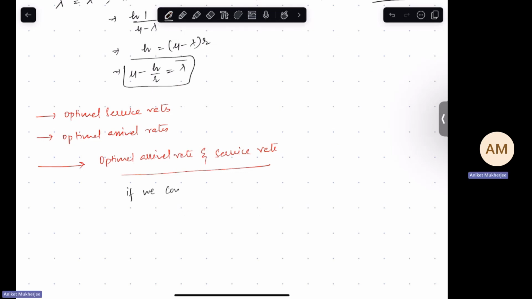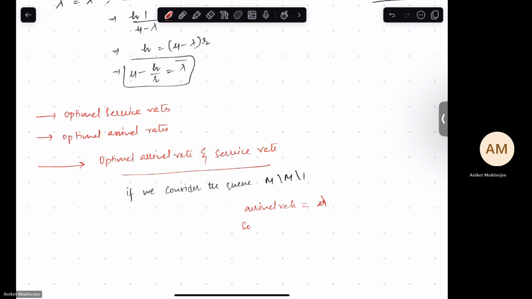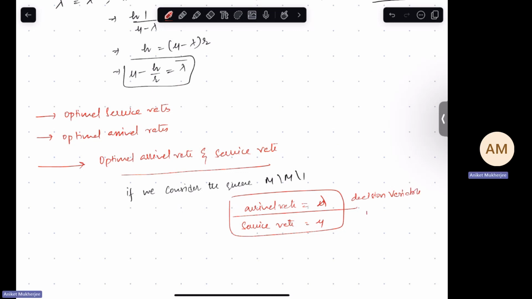If we consider the queue M/M/1, in which both the arrival rate, which is lambda, and the service rate mu, both of these are decision variables. So both are unknown.